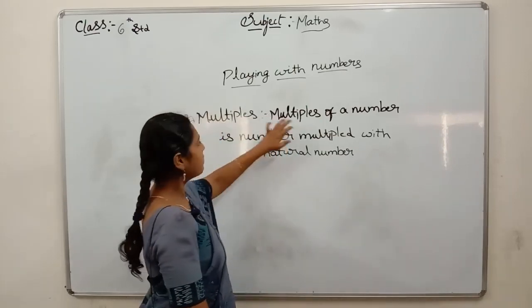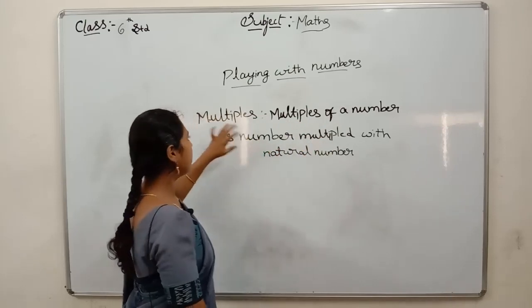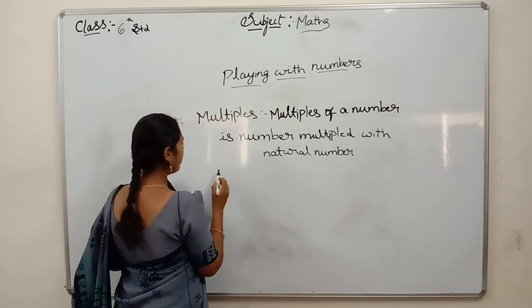See, multiples of a number is a number multiplied with a natural number. This is the definition of multiples. I'll give an example and after I'll explain this.